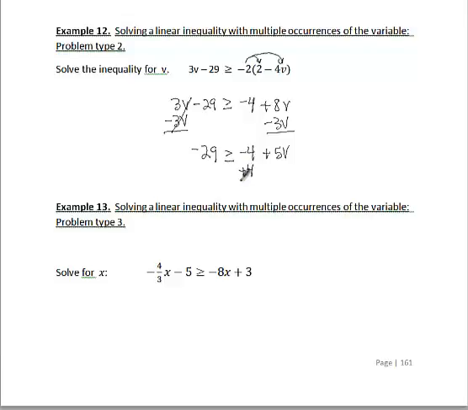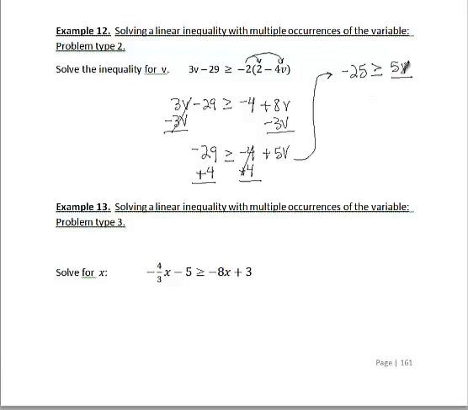And the first thing we do is we add the 4. 4 cancels on the right. This inequality leads to negative 25 on the left. I only added, so the inequality keeps the same orientation.